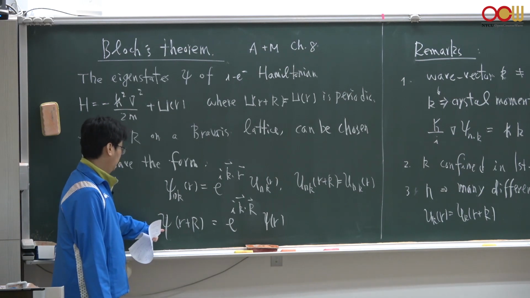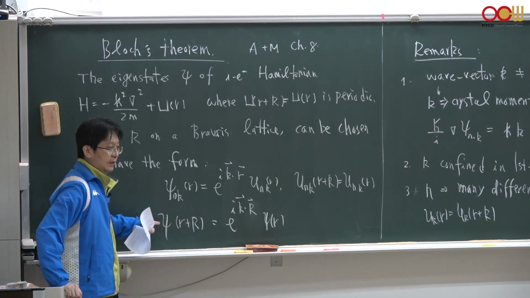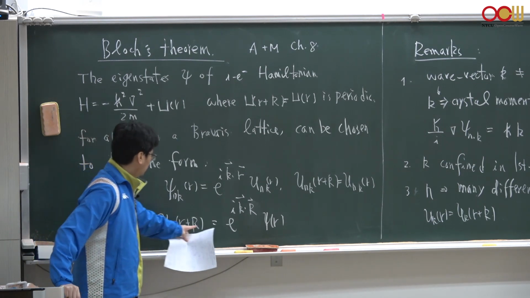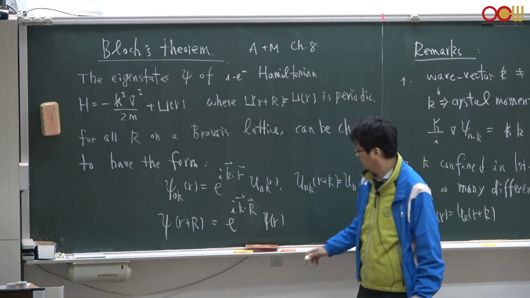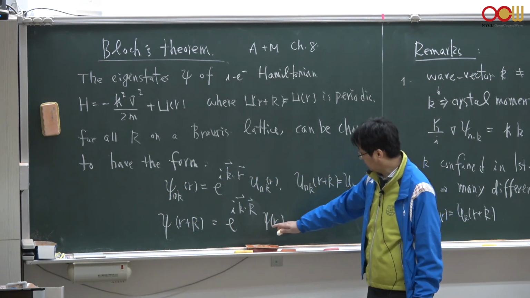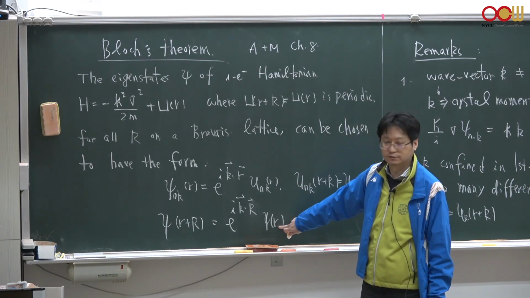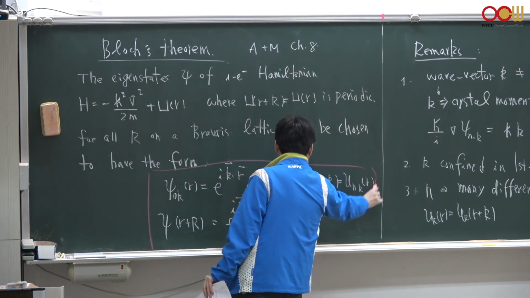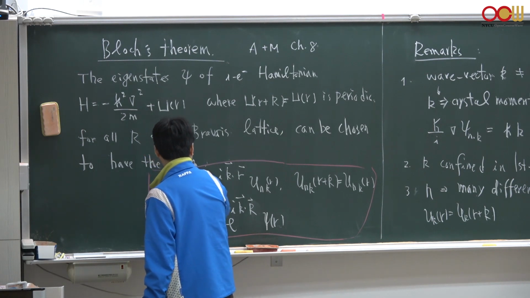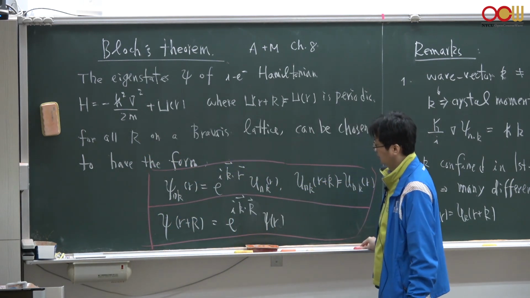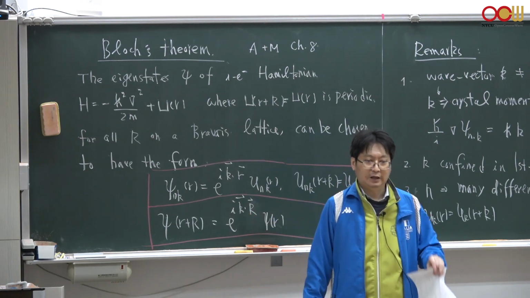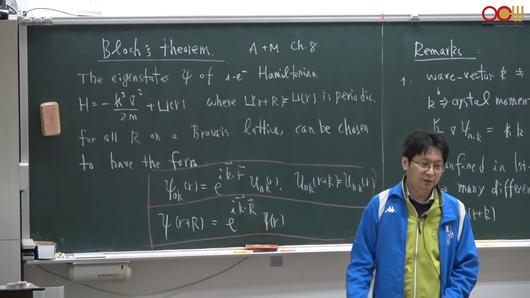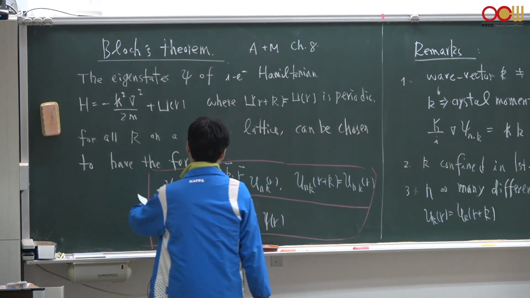And in particular, if you shift this eigenstate or wave function by the lattice translational vector capital R, then you get this extra phase factor e to the i k dot capital R multiplied by psi at this little r. So this is really remarkable and fundamental and highly non-trivial. Okay, so this is called the Bloch theorem. And for those of you who are not familiar with the Bloch theorem, you need to familiarize yourself with it.